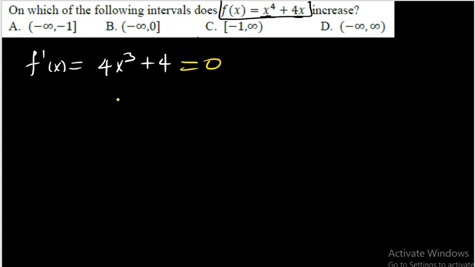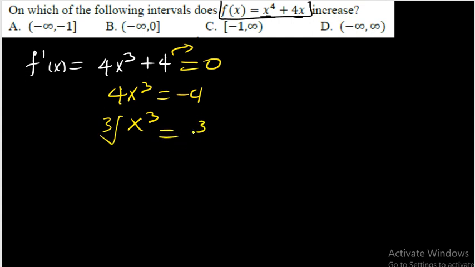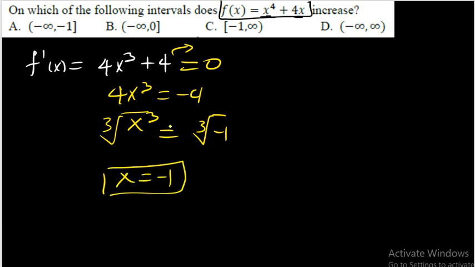What makes it 0? 4x cubed is equal to -4. When I shift this 4 to the other side, divide by 4 both sides, so x cubed is equal to -1. Then take the cube root of both sides. Cube root of -1, so x value is equal to -1. So it has only one zero, the derivative.